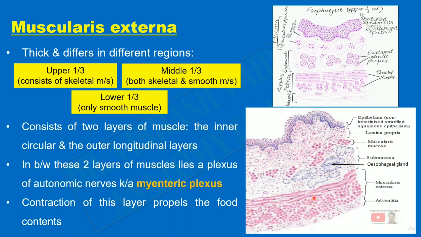In exam time it will be asked, what is this plexus? So always remember, it is present between the inner circular and outer longitudinal layer of the muscularis externa. Then the contraction of these layers propels the food content of the esophagus.